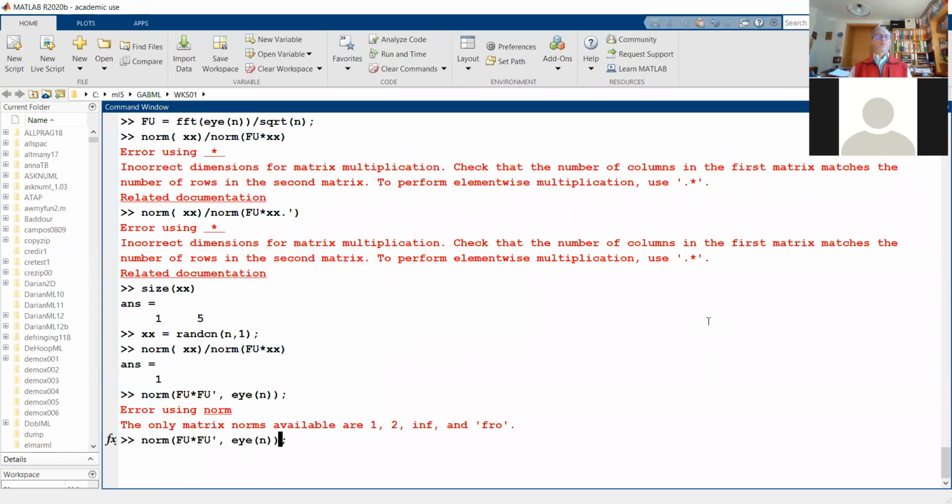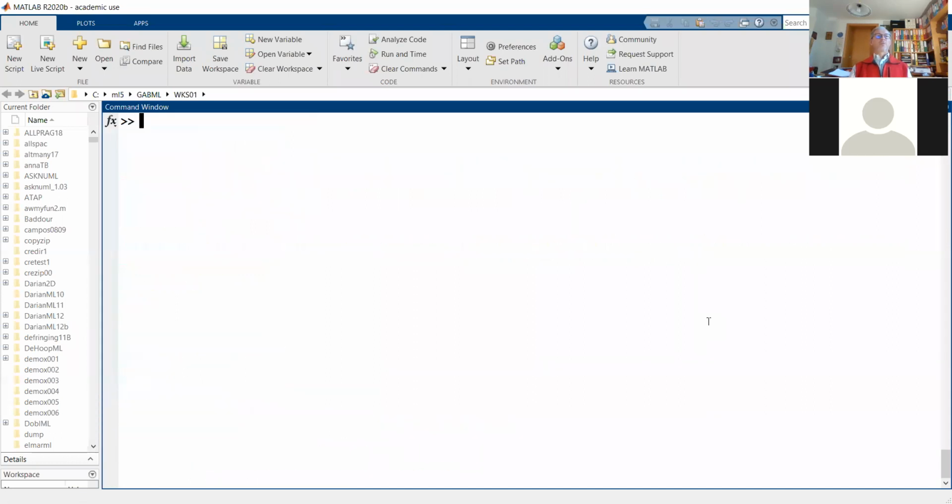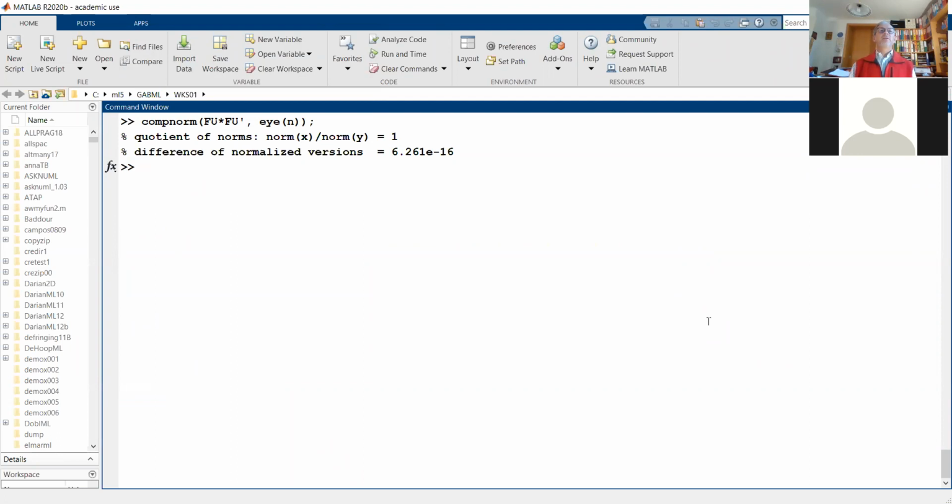It's not norm, it's comp norm. I will do it once more so that you can see it. Okay, so what I'm experimentally checking is take the unitary version of the Fourier matrix, and then you will see that it's the same as the unit matrix.